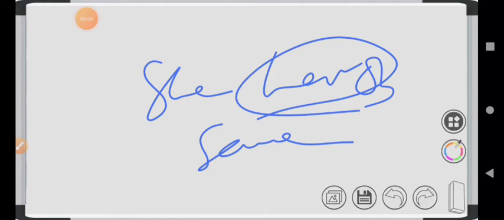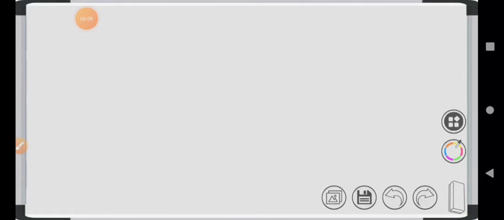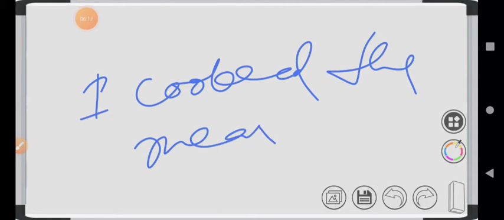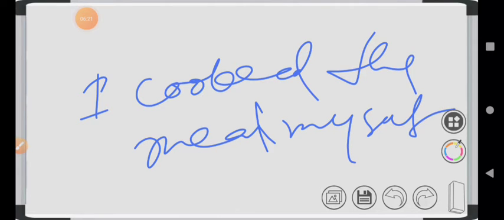If you understand the reflexive pronoun, it is easy to understand the emphatic pronoun. For example, we say, I cooked the meal myself. I cooked the meal. Meal is the object.